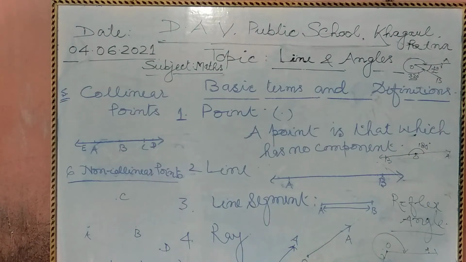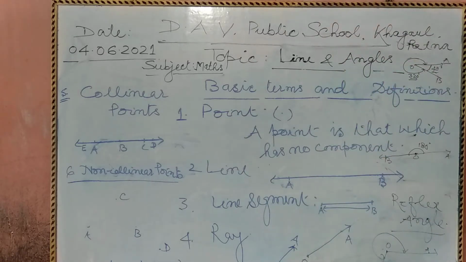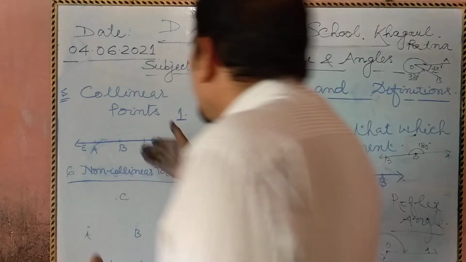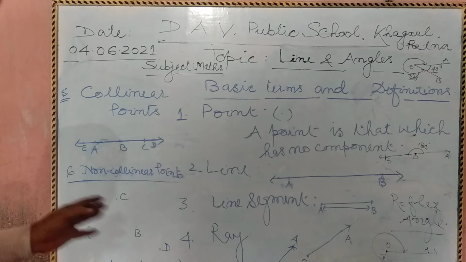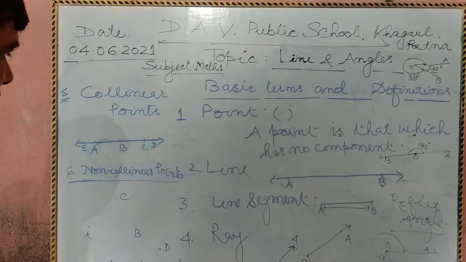Then non-collinear points are those points which do not lie on the same straight line. Okay, so these are the basic terms we learn here by making diagrams with these definitions.